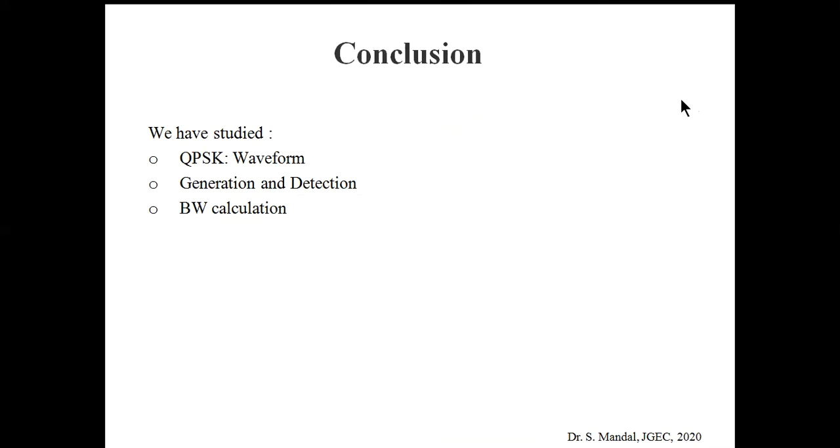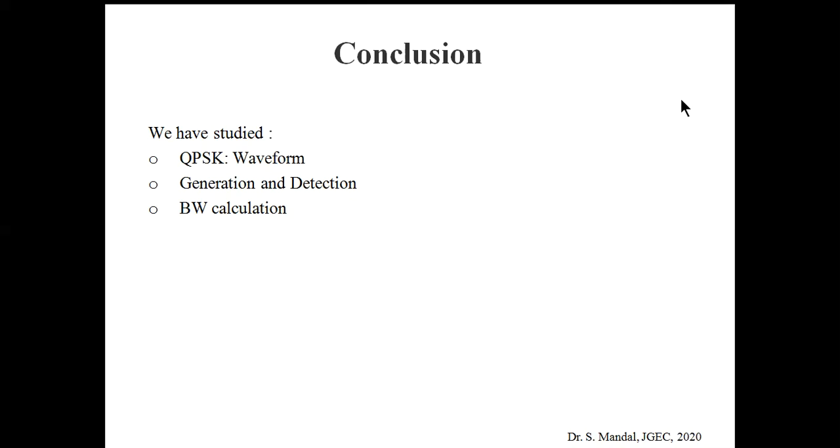Now coming to the conclusion part. In this class we have studied one of the important digital modulation techniques, that is quadrature phase shift keying. We have also observed the corresponding waveform, where two successive bits are grouped together, and it is possible to assign four different phase angles for four different message groups. For the conventional approach, 0, 90, 180 and 270-degree phase angles are assigned.